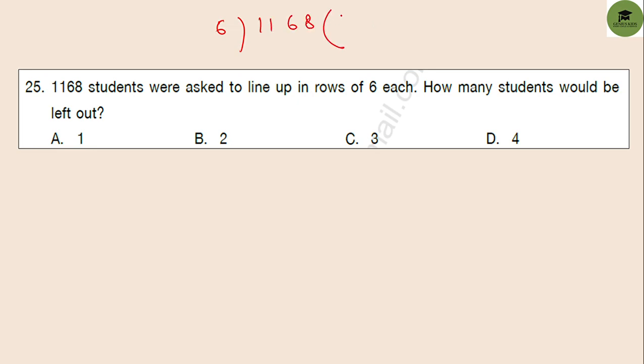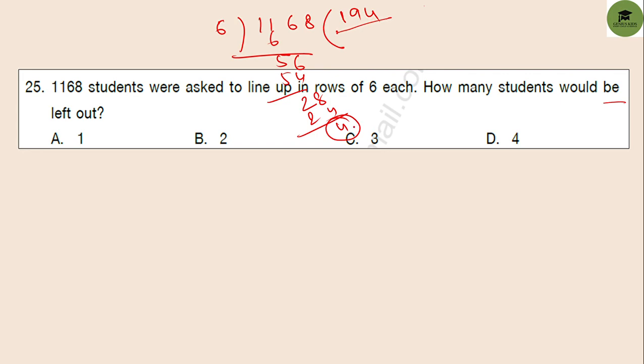How much will it be? After standing the students in 194 rows with 6 students each, there are 4 students who will be left out. The remainder is the number of students that will actually be left out.